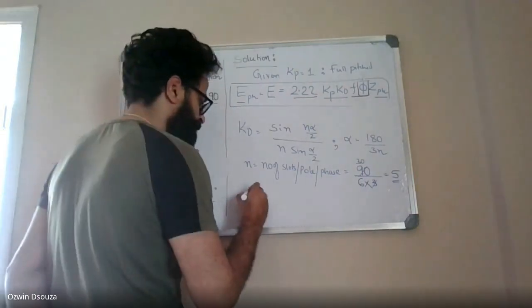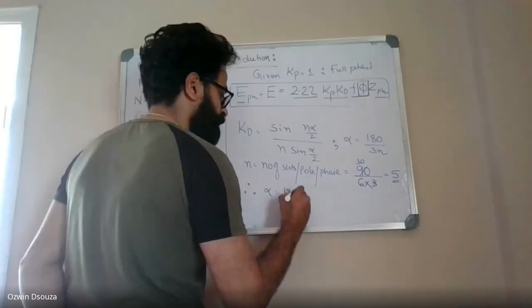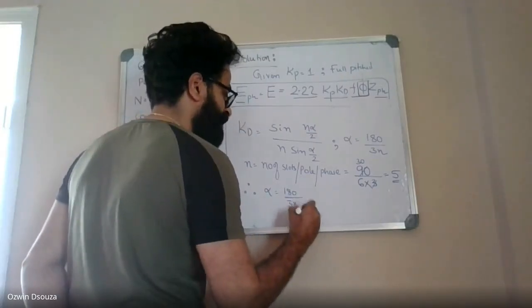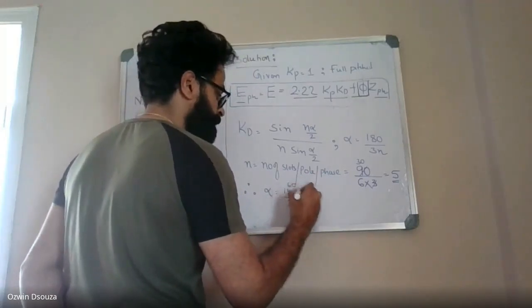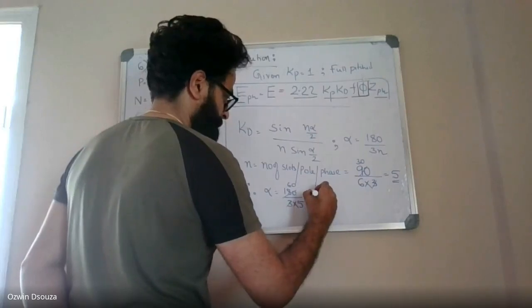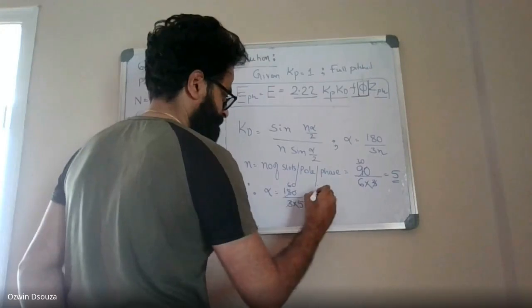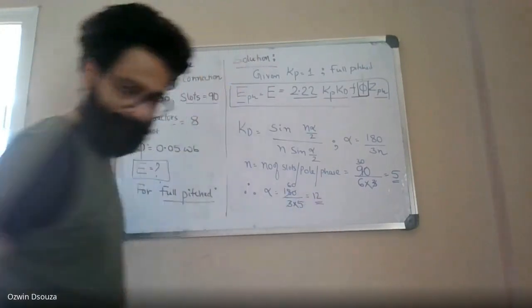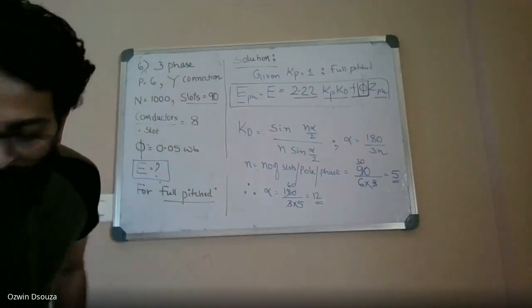Therefore alpha is equal to 180 divided by 3 into n, and n is 5, so 12 degree. So that's your alpha.